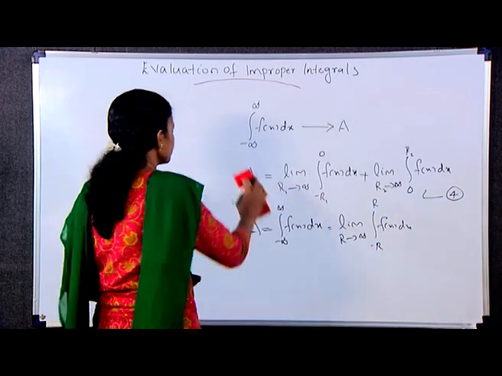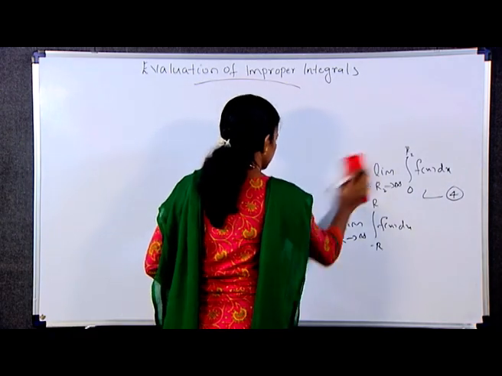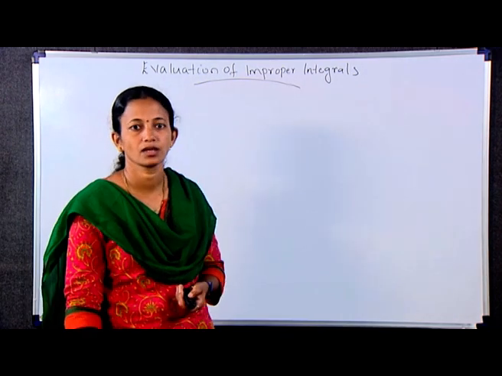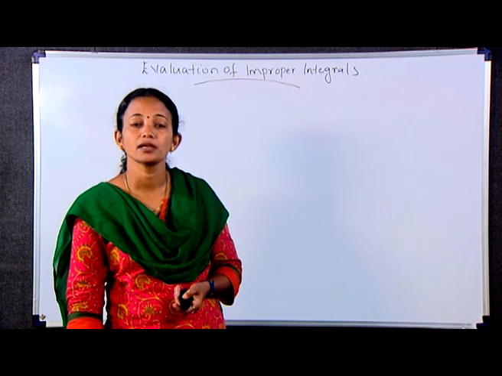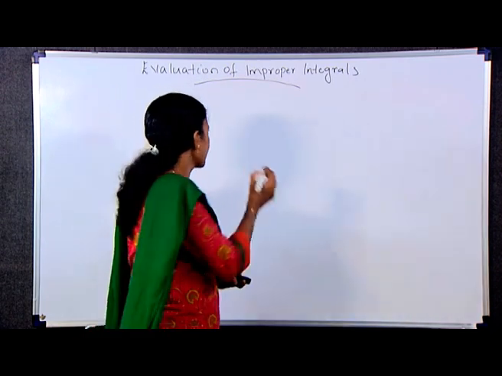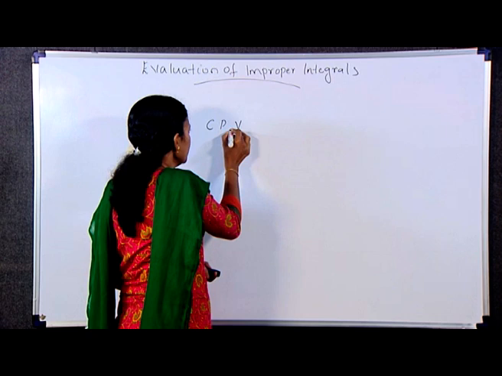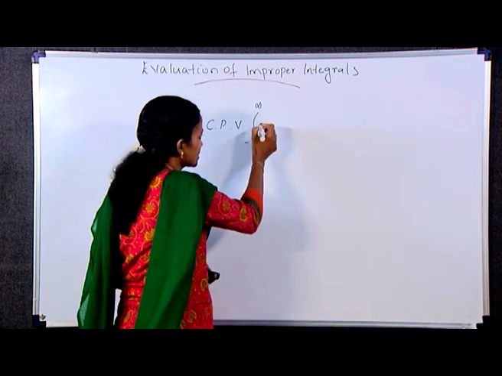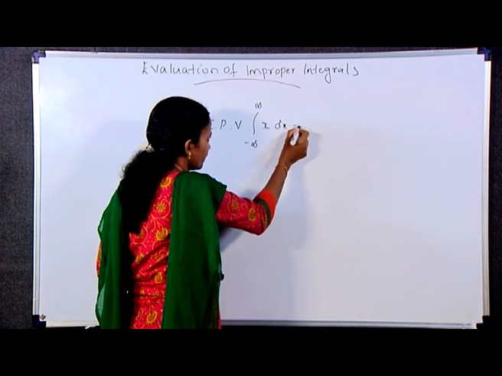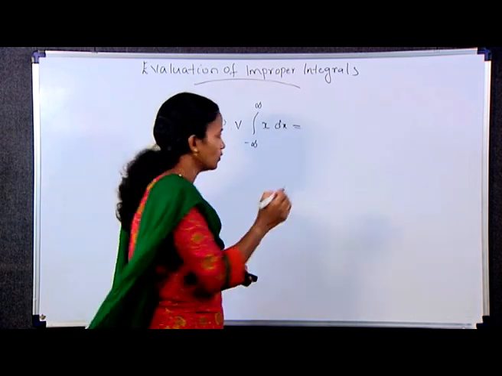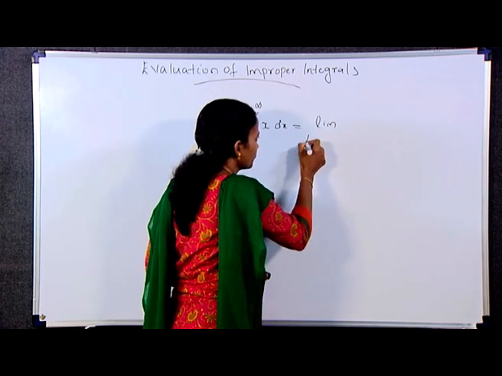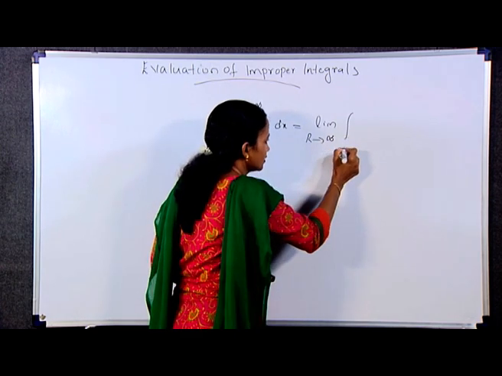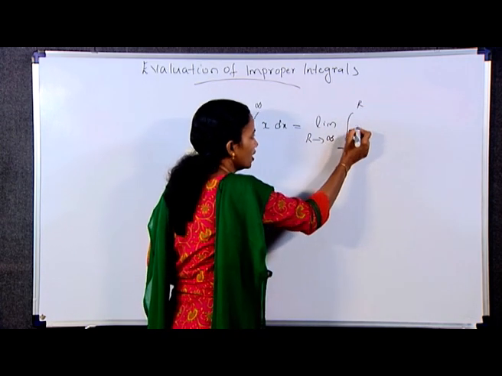Example. Cauchy principal value, CPV, integral from minus infinity to infinity of x dx. Here our f(x) is x, which is equal to the limit as r tends to infinity of integral from minus r to r of f(x) dx.